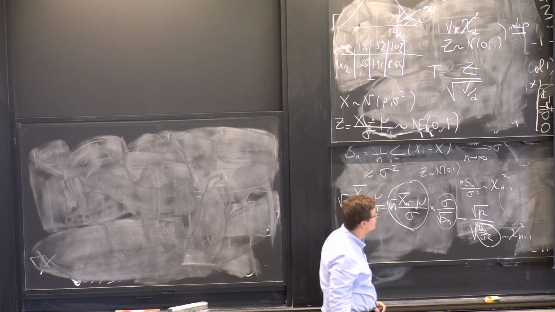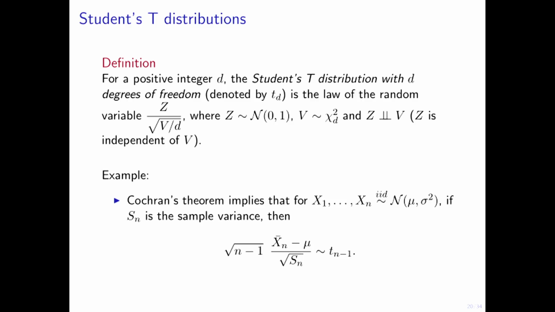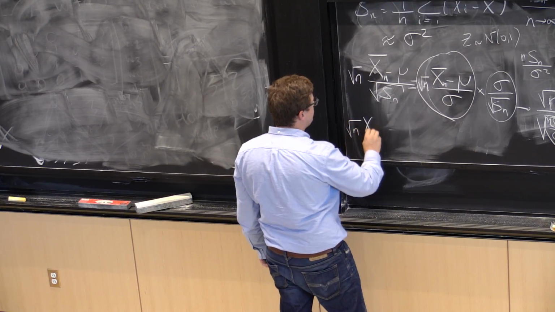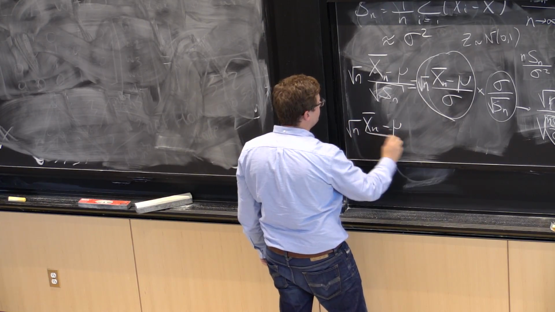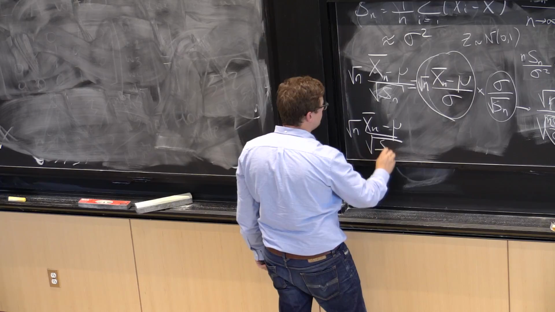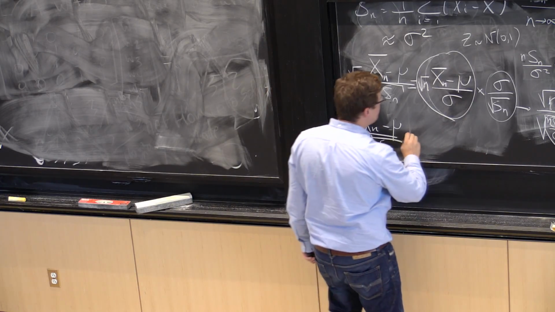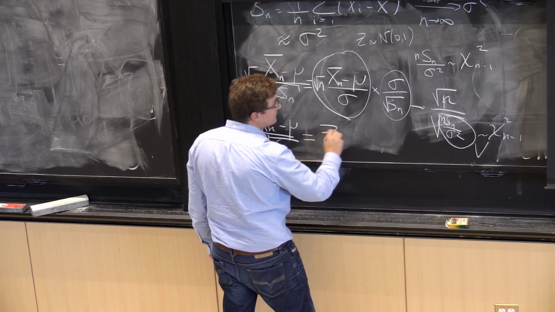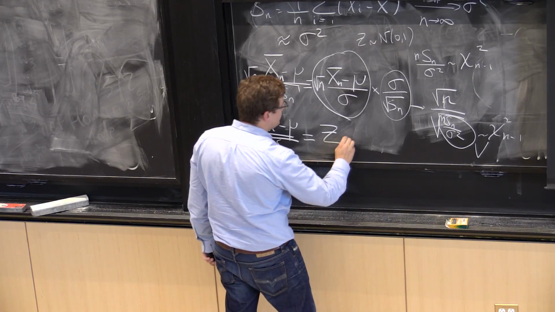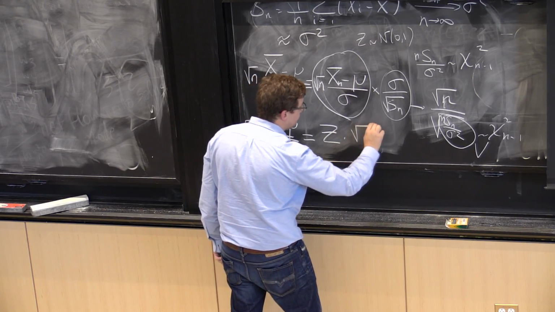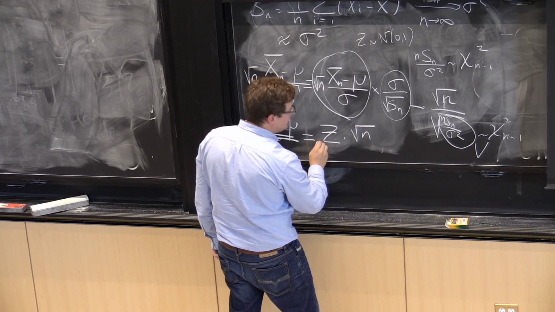This guy was called v, so I'm going to call this v. OK, so what I can write is that square root of n, xn bar minus mu divided by square root of Sn is equal to z times square root of n divided by square root of v.